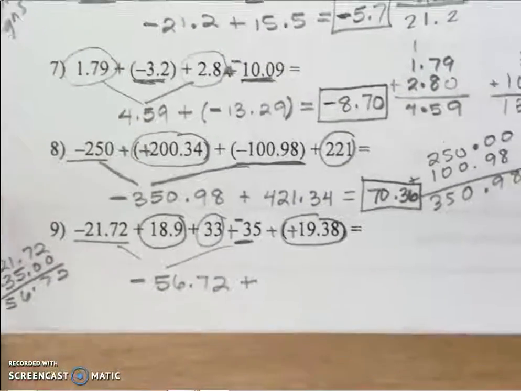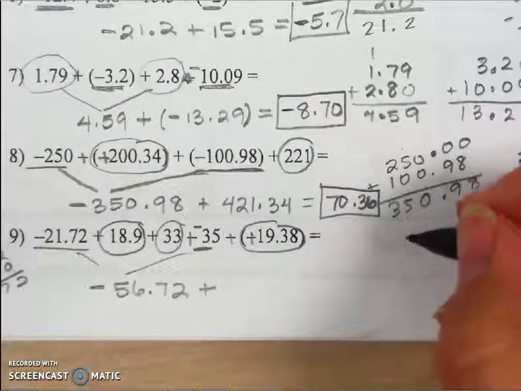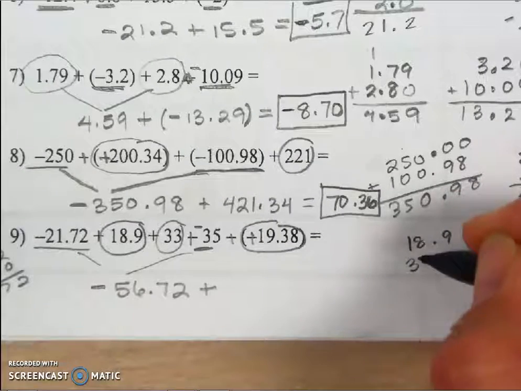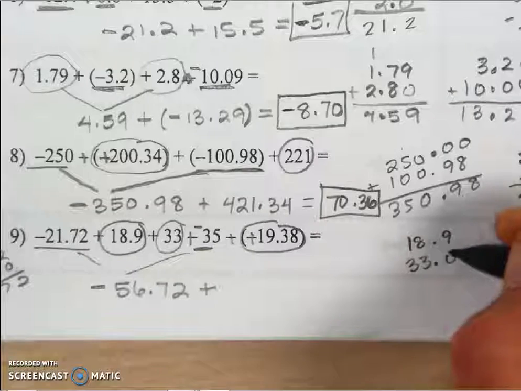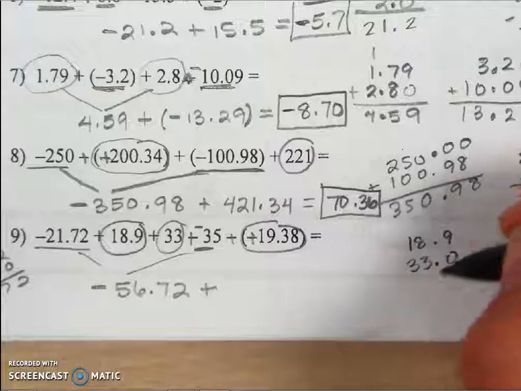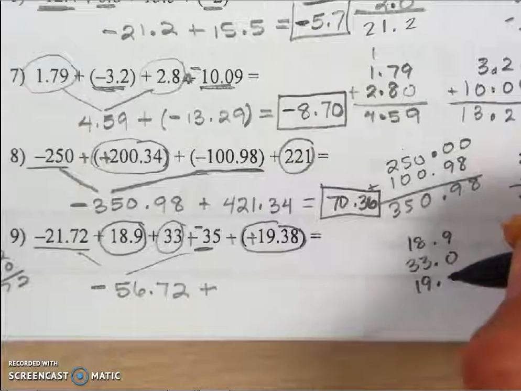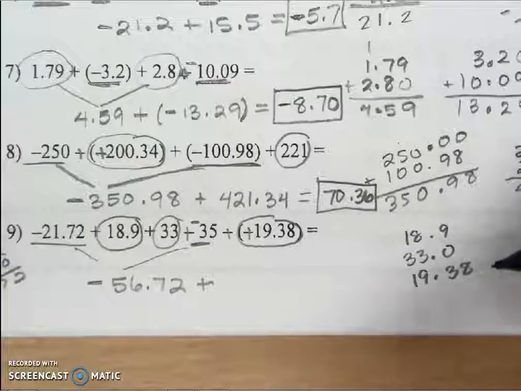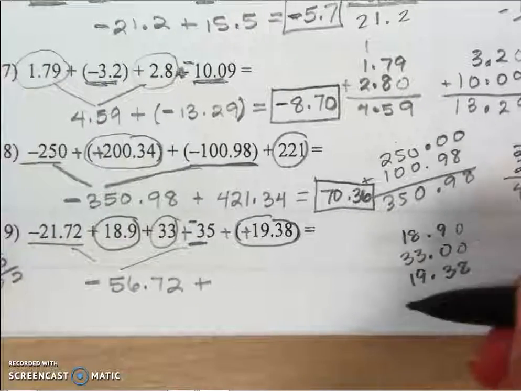Then we add up our positives. So our positives there are 18.9. We have 33, like dollars, the decimal goes behind with a 0. And then our other positive is 19.38. $19.38 is how I like to see it. Looks like that one had an extra decimal place, so I'll add in some zeros. And we add.